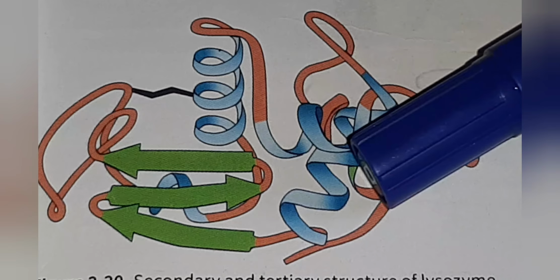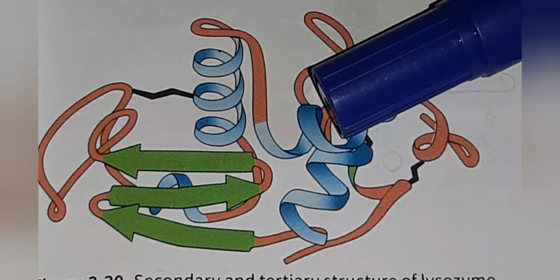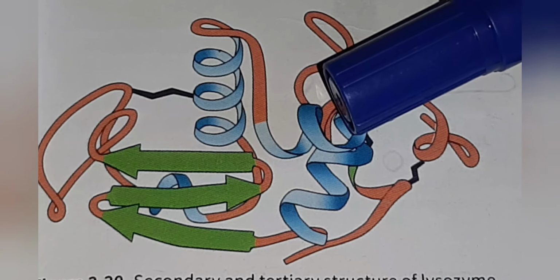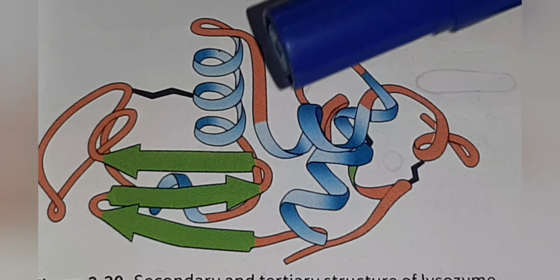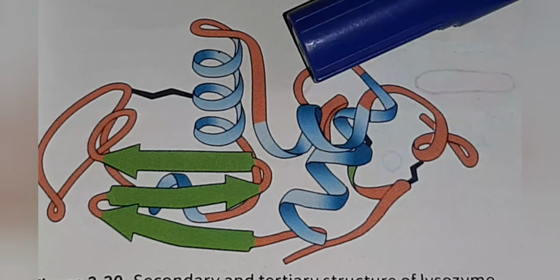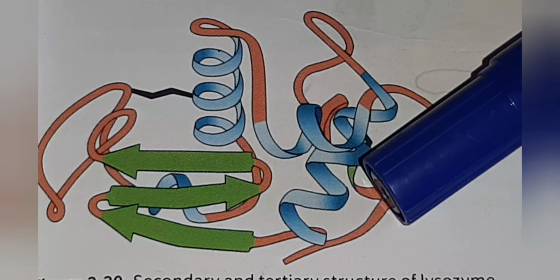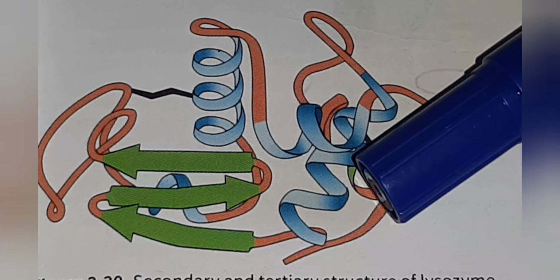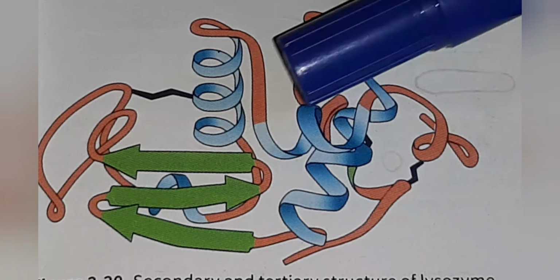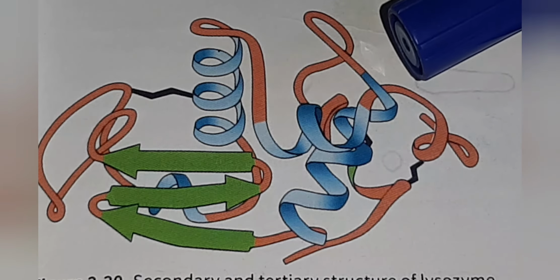Alpha helices are shown here as blue coils, beta sheets as green arrows, and random coils as red ribbons. The black zigzags are the disulfide bonds. All right, so that is the secondary and tertiary structure of lysozyme.